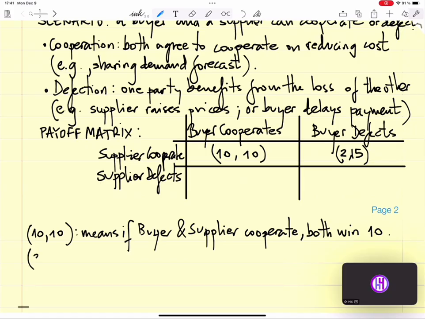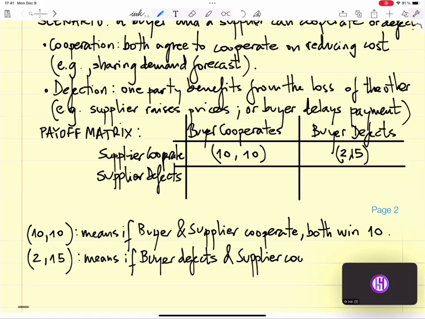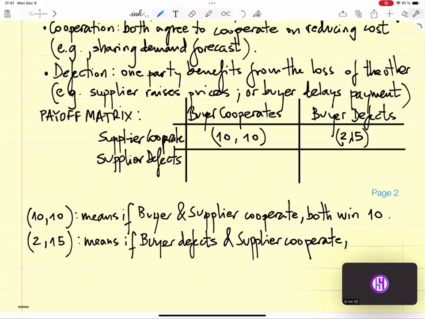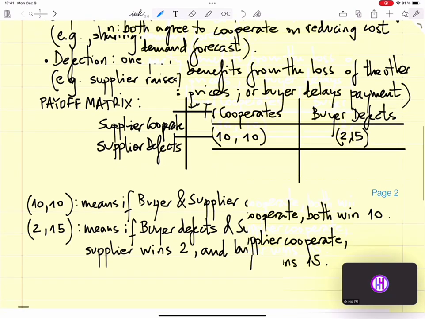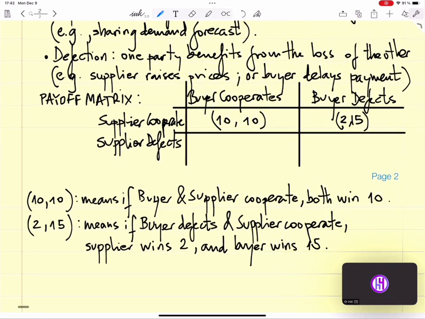So 2, 15 means if the buyer defects and the supplier cooperates, the supplier wins 2 and the buyer wins 15. The first number is for the supplier, the second number is for the buyer.